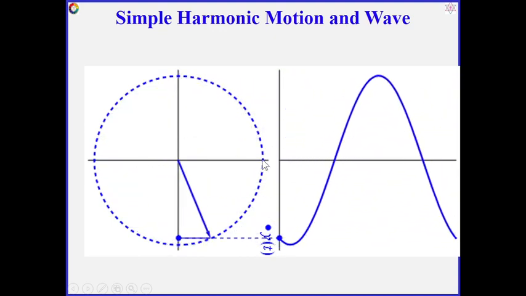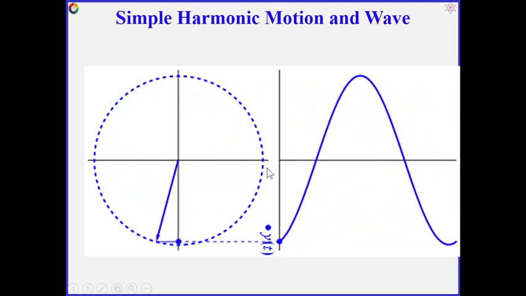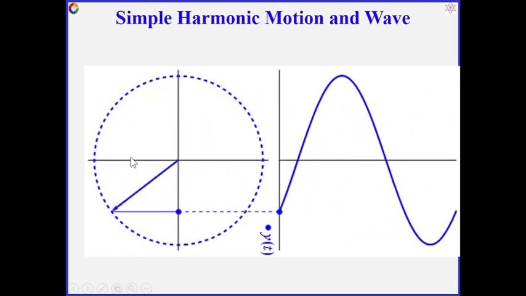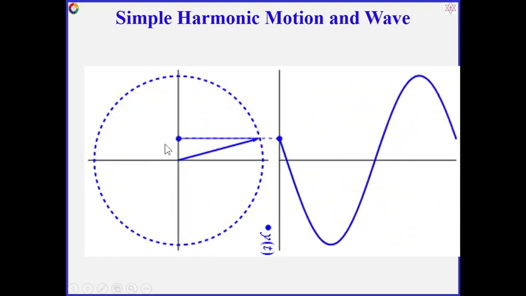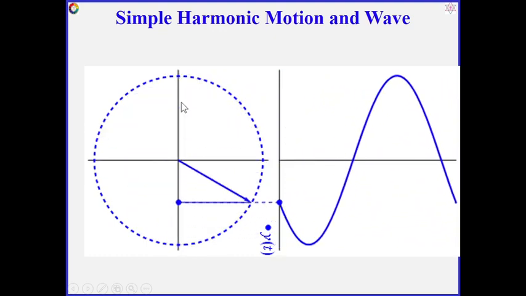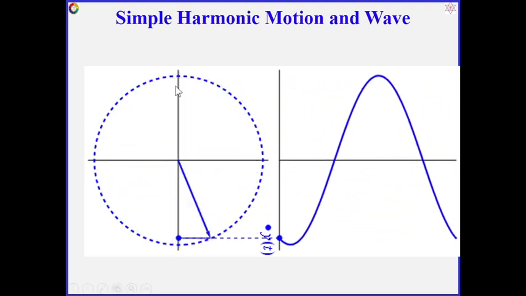If the pointer moves from here to here, the projection is here. That means for a particular position on the circumference of this pointer, the corresponding projection will also be a particular displacement from the origin.